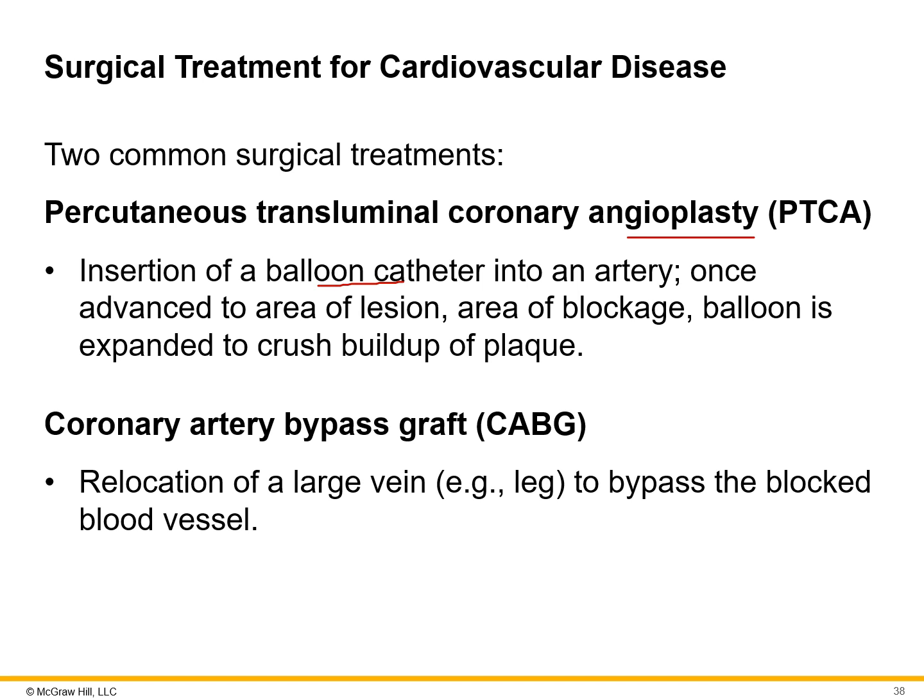Once it's in there, at the area that has a lesion or a blockage, the balloon is expanded and it just crushes up the plaque that's in the area. The other one is a bypass, fully called a coronary artery bypass graft. This is relocating a large vein and actually going around, or bypassing, a vessel that's been blocked.